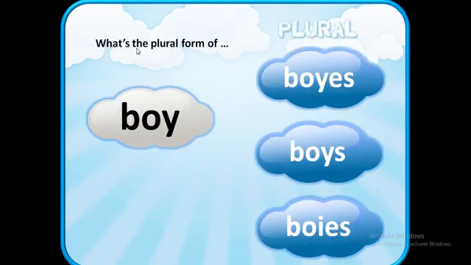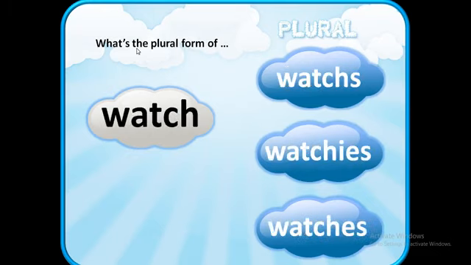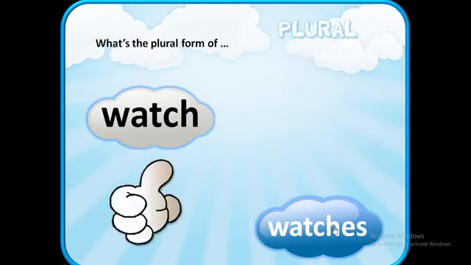What is the plural form of? Practice with me. Boy, boys. Watch ends with CH, so I'm going to add ES. Watches.